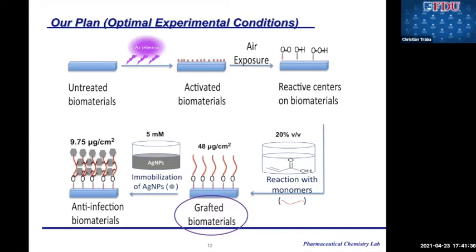This results in an immobilization concentration of 9.75 micrograms per centimeter squared. So this tells us the concentration of silver nanoparticles on our surfaces. It should be stated that this concentration is significantly lower than any other anti-infectious surfaces in literature.